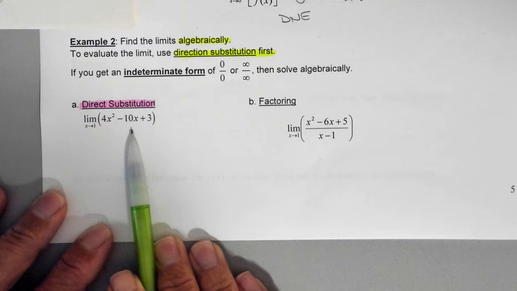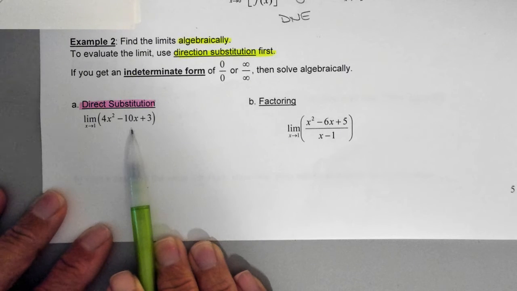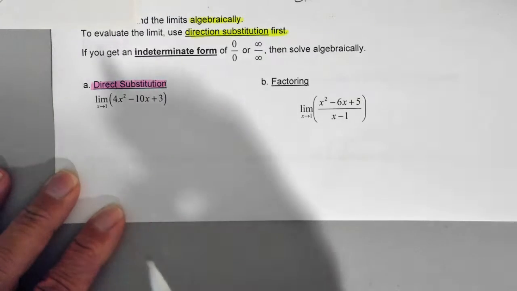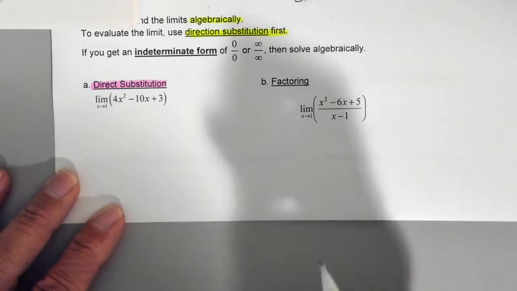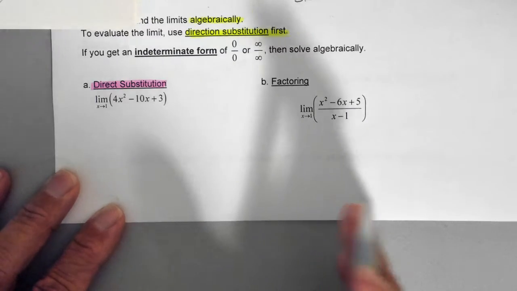What's the domain of a quadratic? All real numbers, negative infinity to positive infinity. So in plain English, that means it's not undefined anywhere, right? I could put any number in there, and it doesn't matter. It's still going to be defined. So that means if I use direct substitution, no matter what answer I get, it's on the number line somewhere. Agree? Decimal, negative, positive, 0.